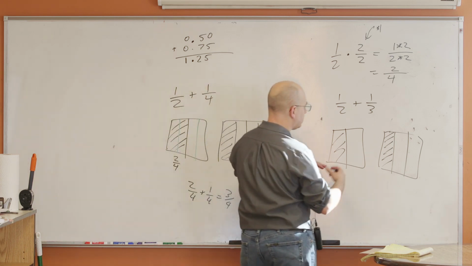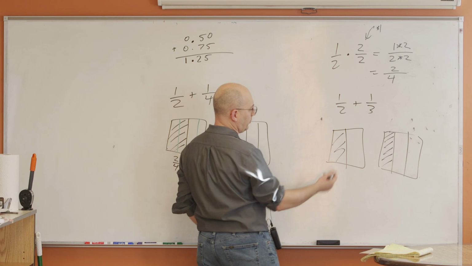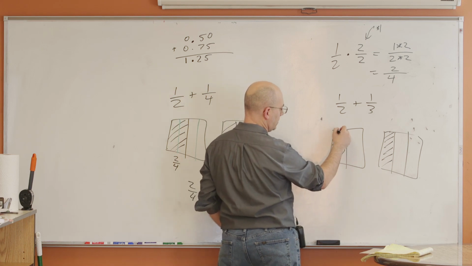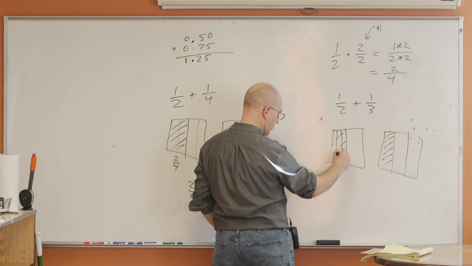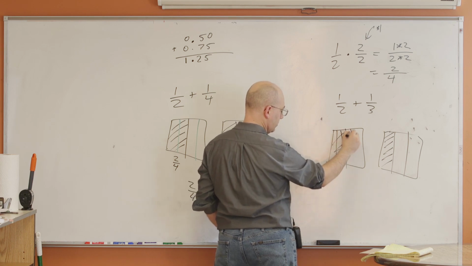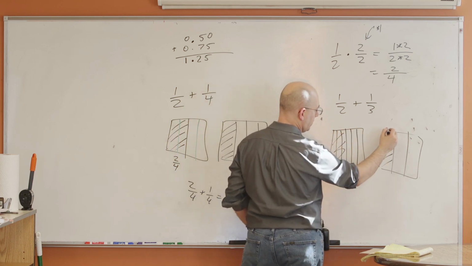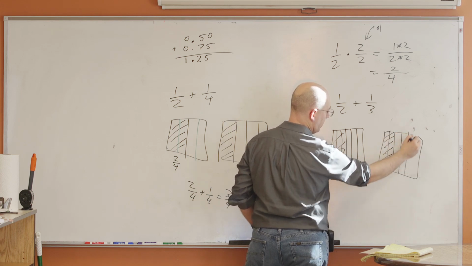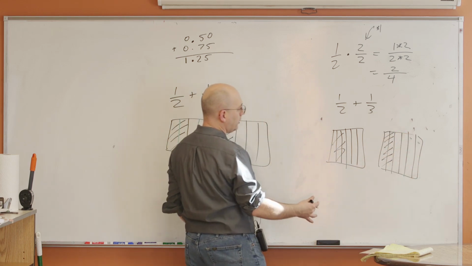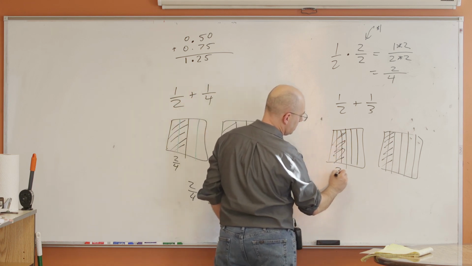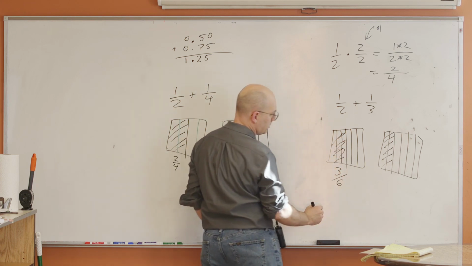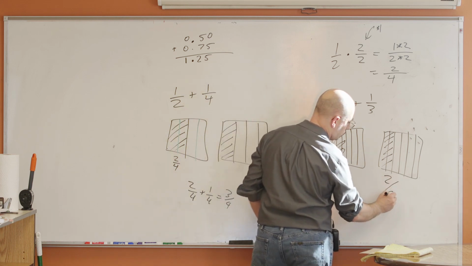And so what we do is we divide up this one into thirds, and this one into thirds, and then we divide this one up in half, and half, and half. And now we count how much of the shaded area there is. So it's 3/6 and 2/6.